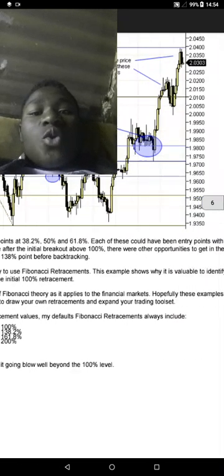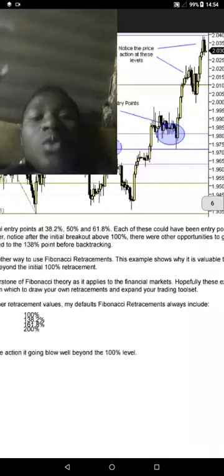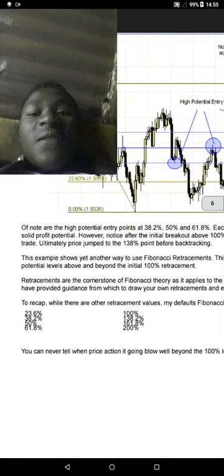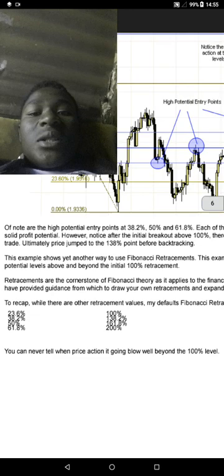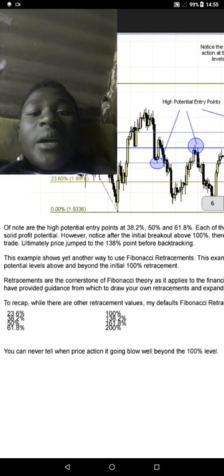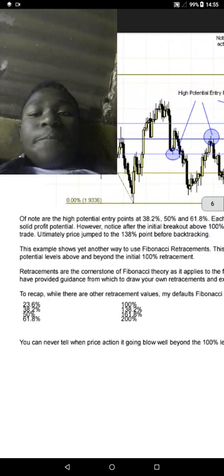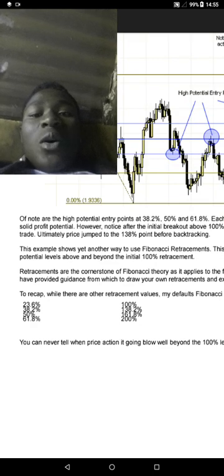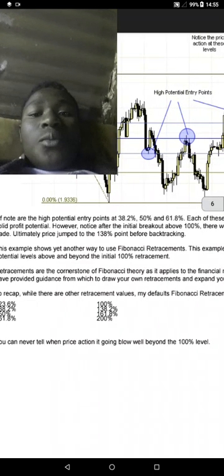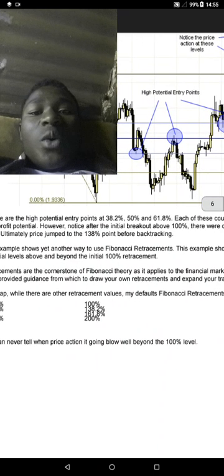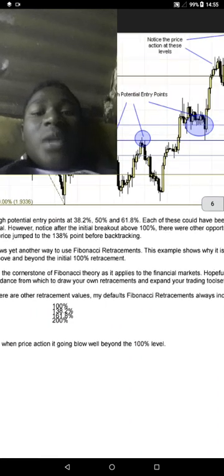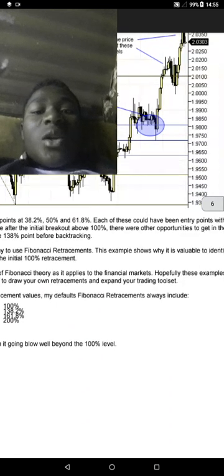This example shows why it is valuable to identify a potential level above and beyond the initial 100% retracement. Retracements are the cornerstone of Fibonacci theory as it applies to the financial market.